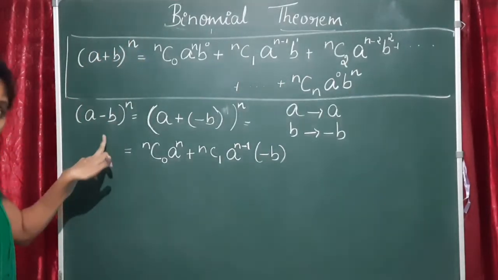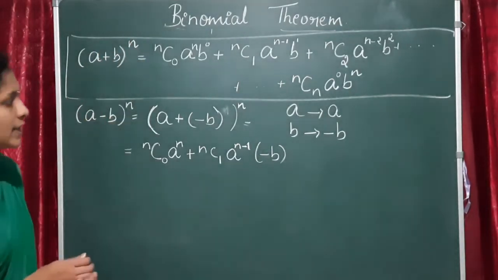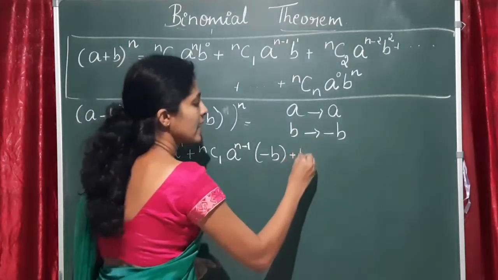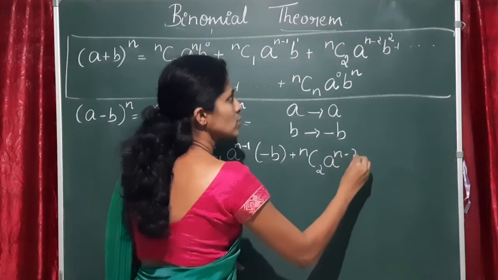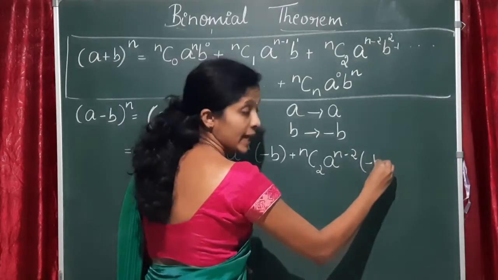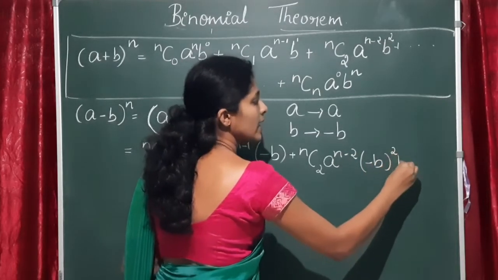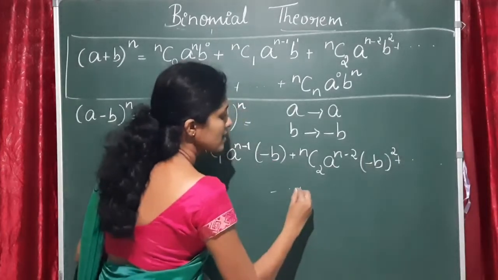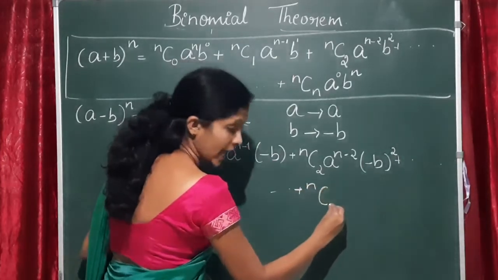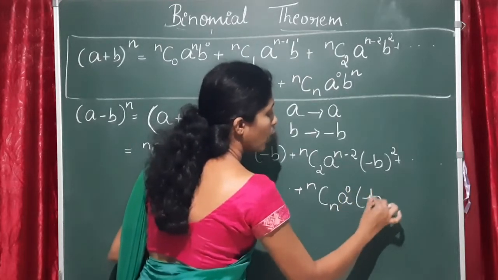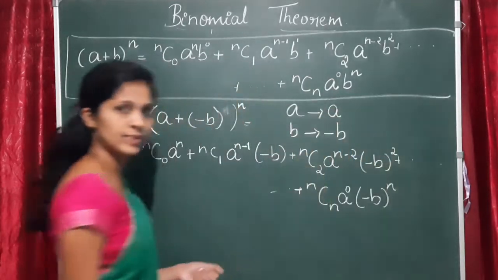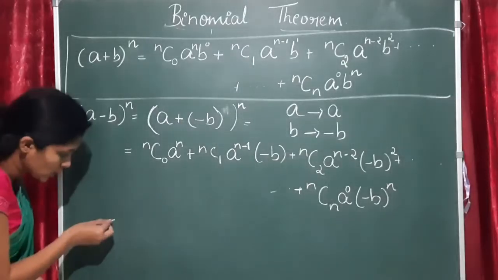Now we are finding it for (a minus b) whole to the power n. Next will be plus nC2 a to the power n minus 2, and b is now (minus b) whole square, plus like this. The last term will be nCn a to the power 0 and (minus b) whole to the power n.